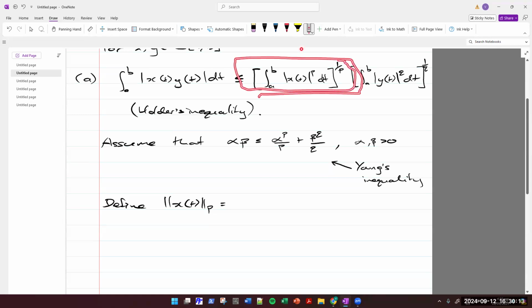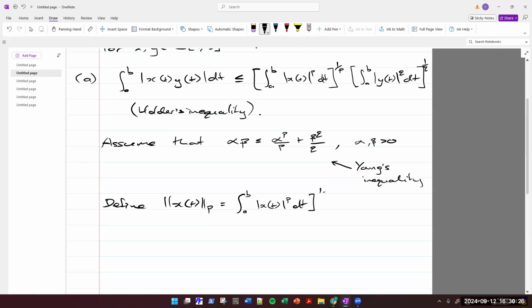This term, we're going to define it to be the integral from a to b of modulus x of t to the power of p dt, all to the power 1 on p. The fact that we're writing this as a norm should be a hint that this thing is a norm. In fact, it satisfies all the conditions for a norm. If you're in the space of continuous functions, this works out to be a norm. This is more commonly known as the L^p norm.